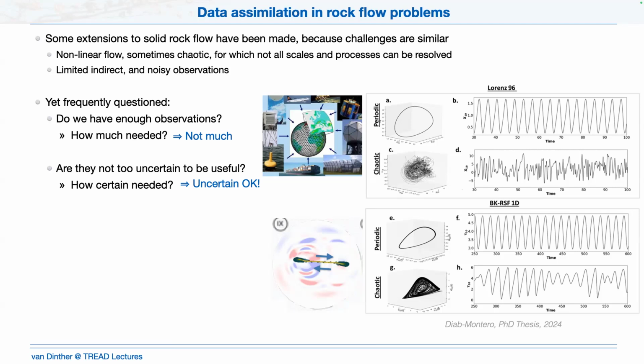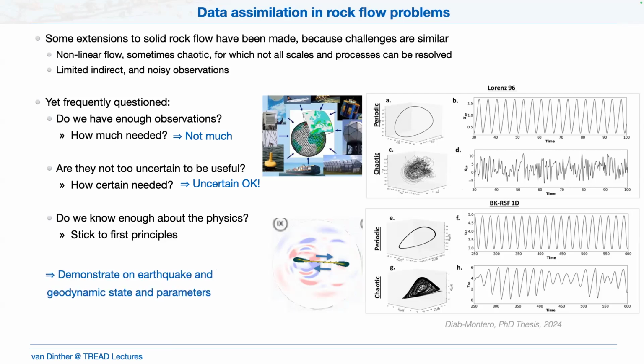And then there's a question: are the observations that we make too uncertain to be really useful and quantifiable? Well, because we take care of the error, this is really okay. So this is not a problem in this framework. And then you could ask also, do we even know enough about the physics? Because it's hard to know about the earthquake physics principles.